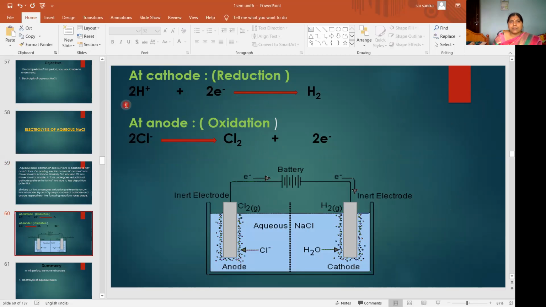So at the cathode, what is happening? Both ions, Na plus and H plus, are moving, but the H plus ions undergo reduction and form hydrogen gas. At the anode, Cl minus and OH minus ions are going, but the Cl minus ions undergo oxidation and form chlorine gas.